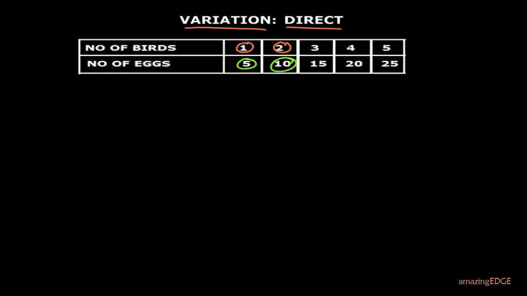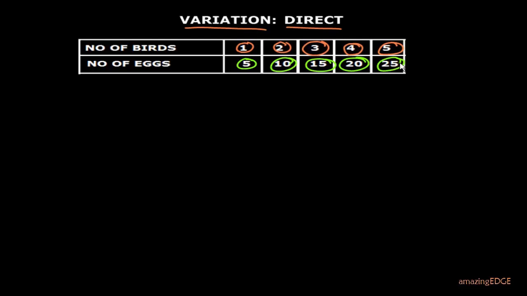Supposing you increase your birds to 3, the eggs will keep on increasing. You have maybe 15 eggs. Then supposing you increase to 4 birds, you'll be having maybe 20 eggs. So the eggs laid will be increasing in that proportion. And maybe you stop at 5 birds, then you have a corresponding increment in the number of eggs laid, so you have 25 eggs.